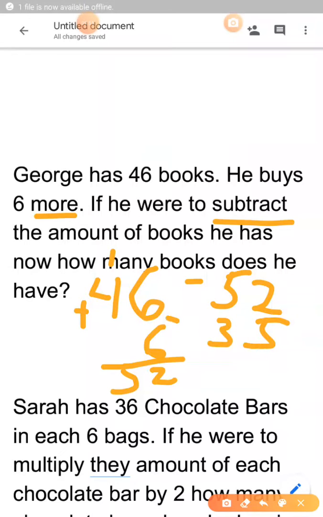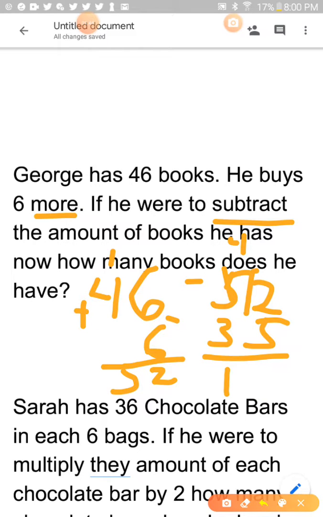Let's say he wanted to subtract 35 books. And as you may notice, we have a bit of a problem. So we borrow from 5, 1, 4, 1 over 17. Alright, so I forgot to add 35 to the problem, but they won't do that to you on homework or on a test. So George has 17 books.